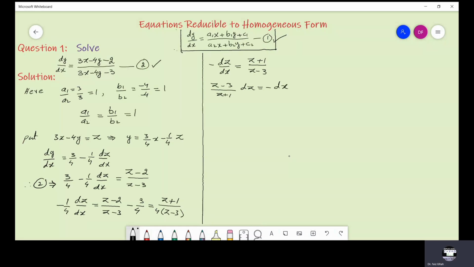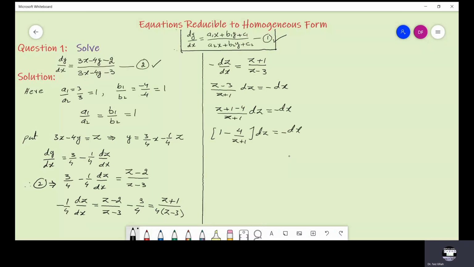Now we can integrate both sides, but on the left hand side we can write this as (z plus 1 minus 4)/(z plus 1) dz, which is equal to minus dx. From here we get (1 minus 4/(z plus 1)) dz is equal to minus dx.